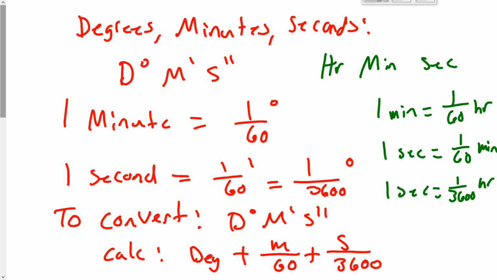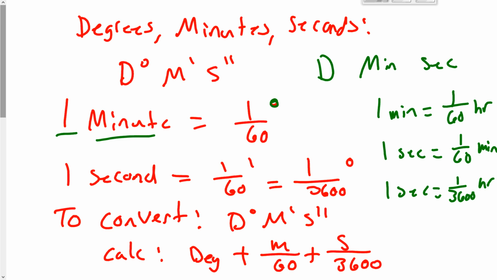Okay, well, all we're doing really is just changing this hours to degrees, and it still has the same ratio. So in 60 minutes that's 1 degree, right? So 60 minutes is 1 degree, or 1 minute is 1/60th of a degree, and in 60 seconds there's 1 minute. Same as saying in 1 second there's 1/60th of a minute. Now degrees has our degree symbol.